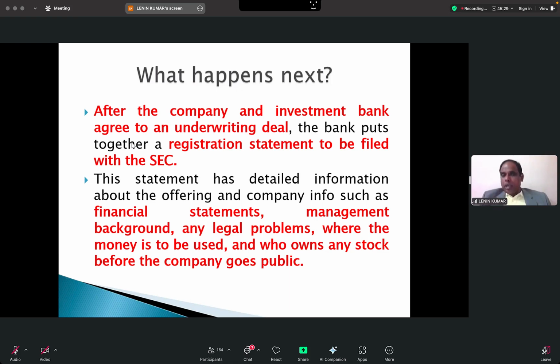I already told you that the SEC is the regulatory body. So the bank will prepare an application form, which is called a registration statement. On behalf of Lulu, Emirates NBD will go and submit it to the SEC, the Securities Exchange Commission.